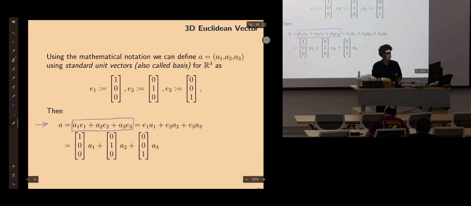Now, if you were convinced to write ax i plus ay j plus az k, this is exactly the same thing. If it doesn't correspond to exactly that case for you, maybe ask a question now. We can talk about it.